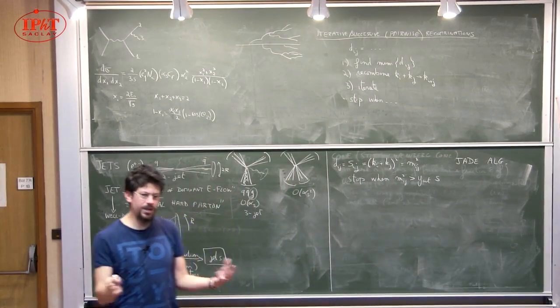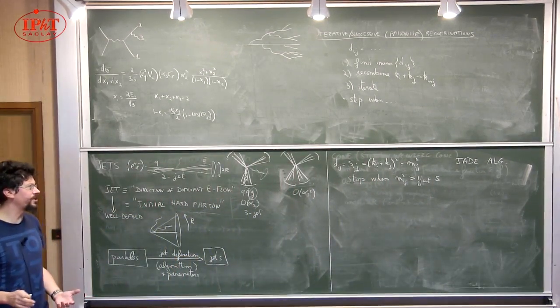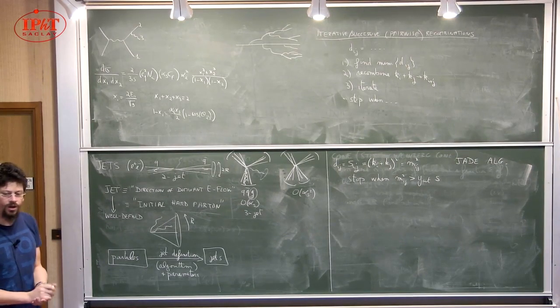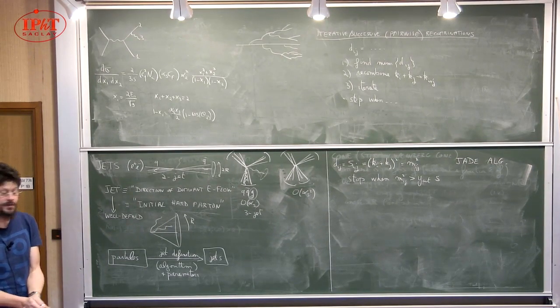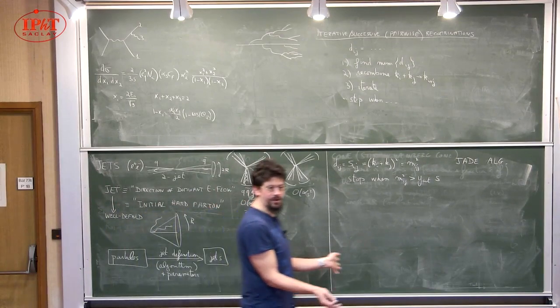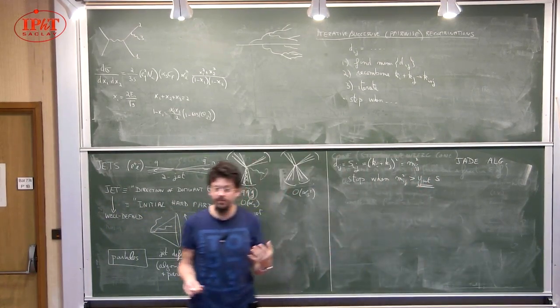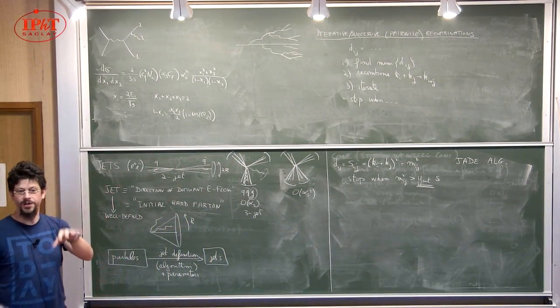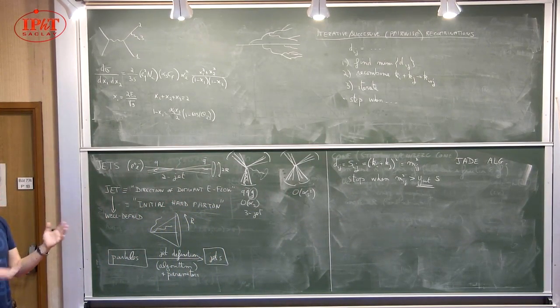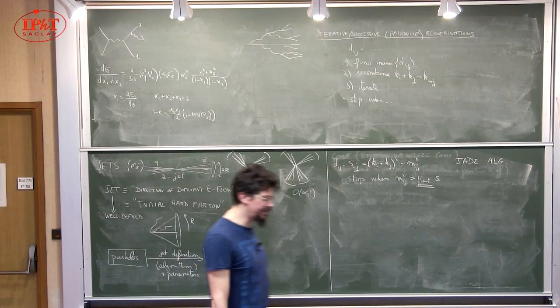So when the invariant mass you get between two different objects is bigger than some fraction of the total energy of your event, you're going to stop. And so at the end of the day, y-cut is a free parameter. Essentially, y-cut controls what you mean by collinear, soft, and all this. So y-cut is the parameter that implements your degree of arbitrariness in defining jets.